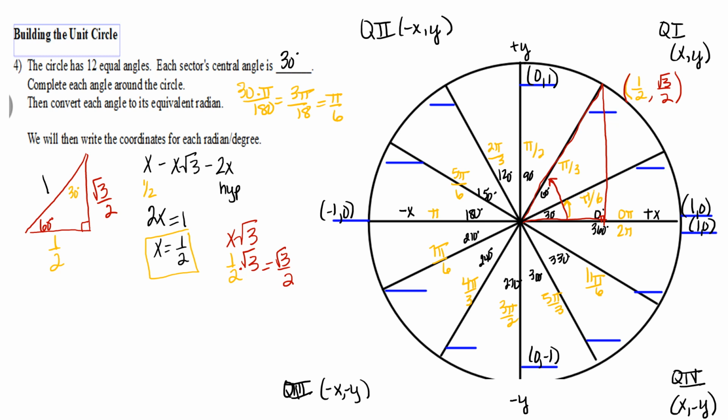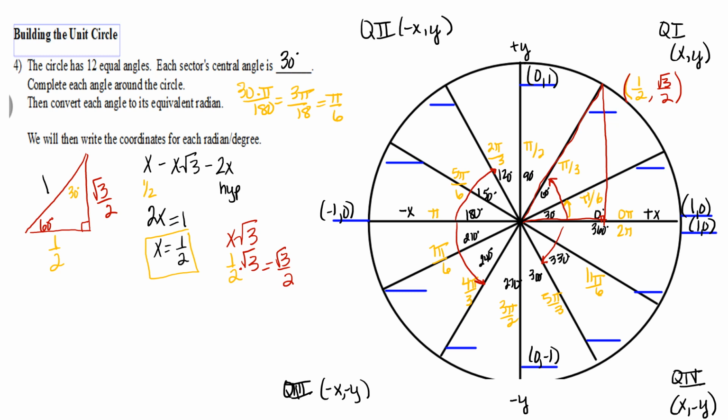Okay, so now what we're going to do is look at every angle that is 60 degrees from the x-axis. So I'm at 60 and then 120, 240, and 300. Those are my angles and my radians that are going to have the exact same coordinates.